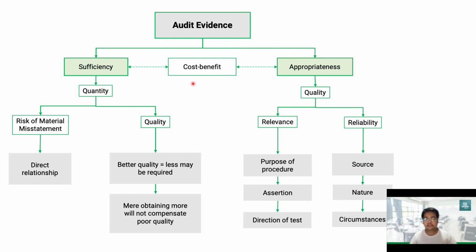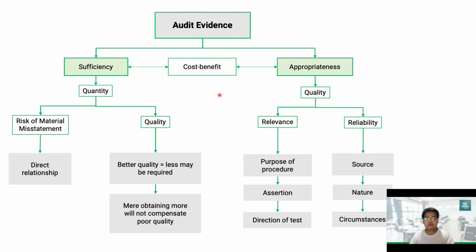The cost should justify the benefit of obtaining that particular evidence. That is why if we are selecting between two audit procedures, and they would both address our objective, but one procedure is more costly compared to the other, then most likely we will settle on the one with the lower cost. Okay?